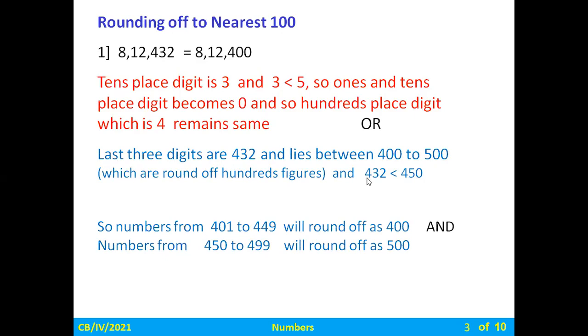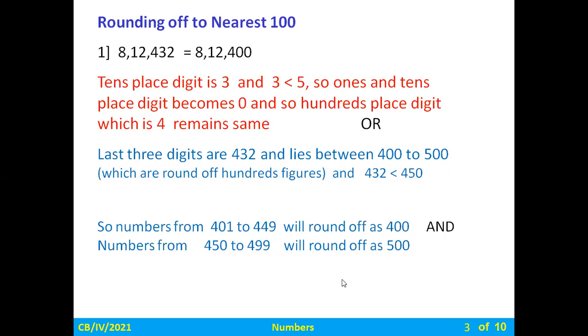So you can see that 432 is less than 450. Again, 450 is the middle number between 400 and 500. So all the numbers less than 450, that means 401 to 449, will get rounded off as 400, whereas 450 to 499 will get rounded off as 500.